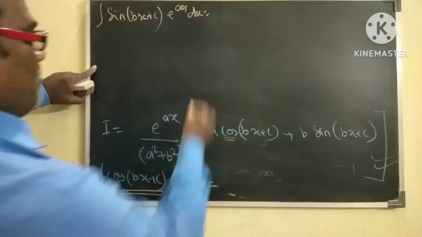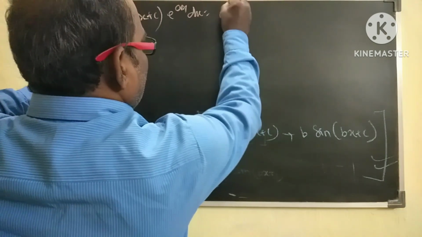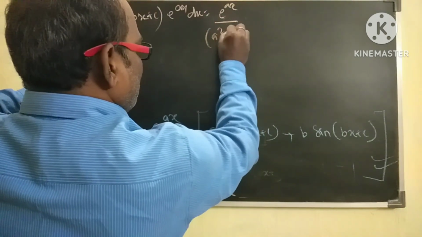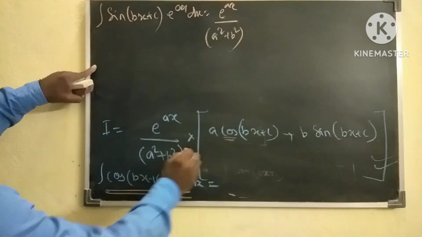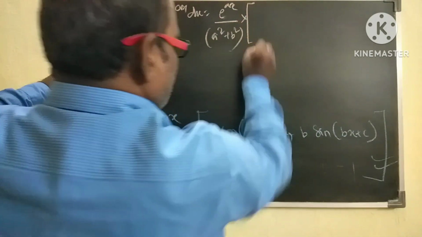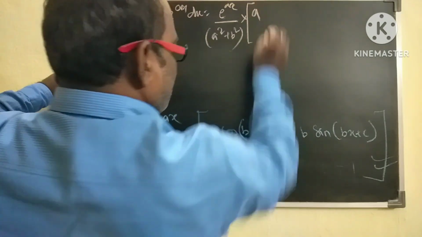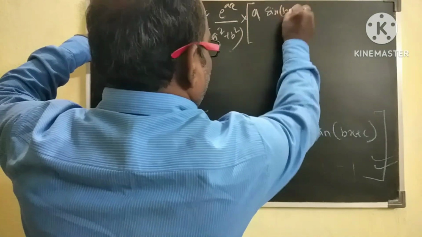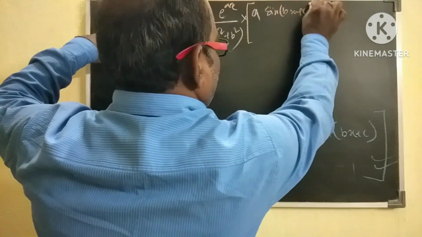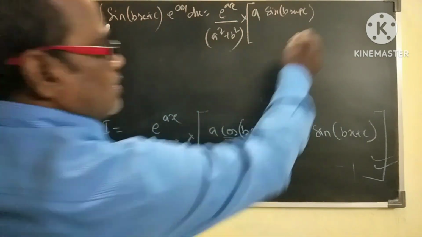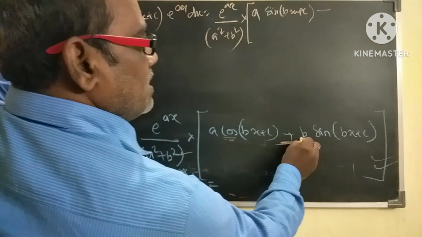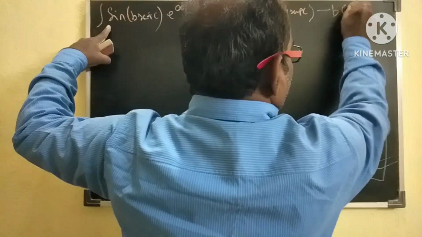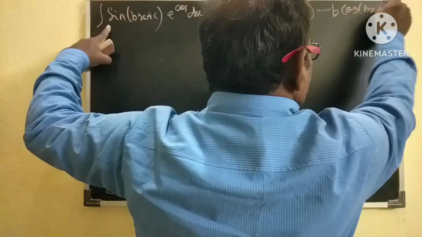So your answer would have been e to the power of ax by a square plus b square, same as it is, into a, instead of cos it would have been sine bx plus c. Here it is plus, write it over here minus, then here it is b, write b here, and instead of sine, write here cos bx plus c.